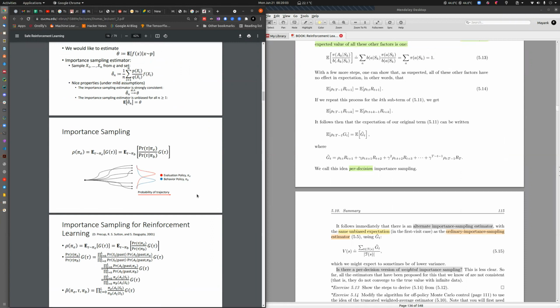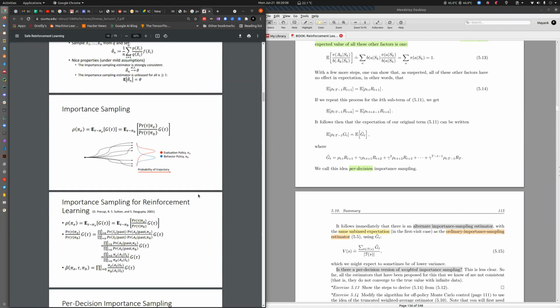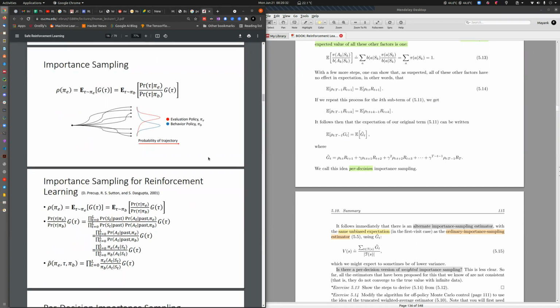This is a very good representation of the importance sampling trajectory, for example the autonomous vehicle example that I alluded to earlier, which is the evaluation policy. This is the behavior policy, and what the target policies will be like, the probability of the particular trajectory that it's trying to head toward.